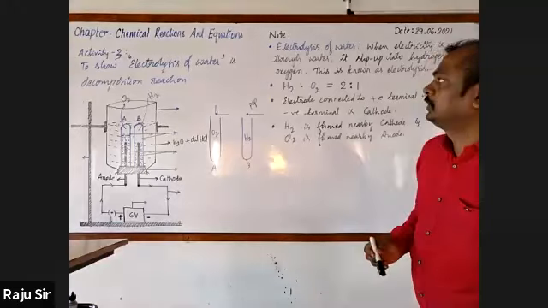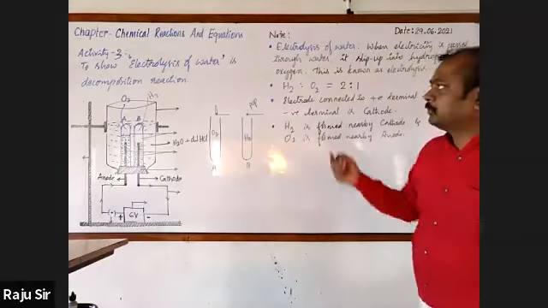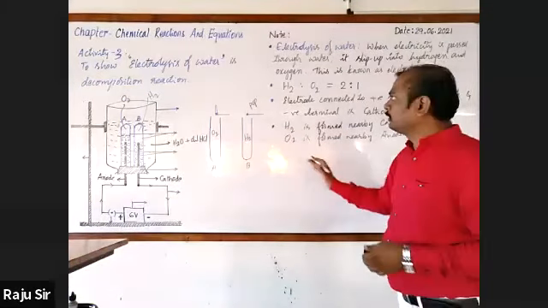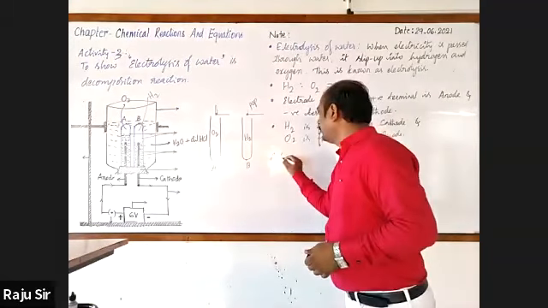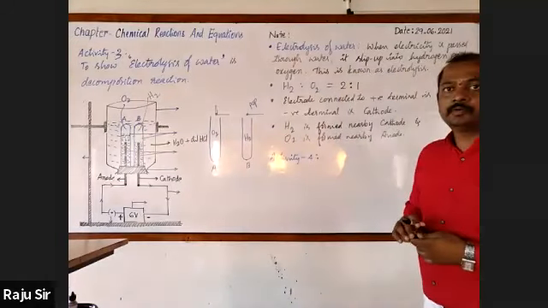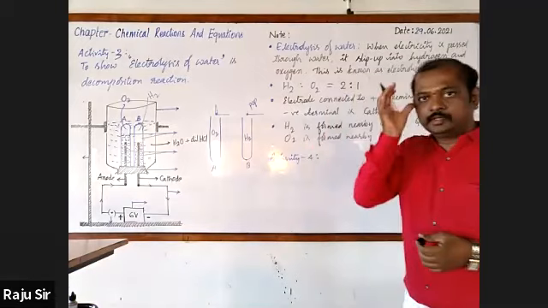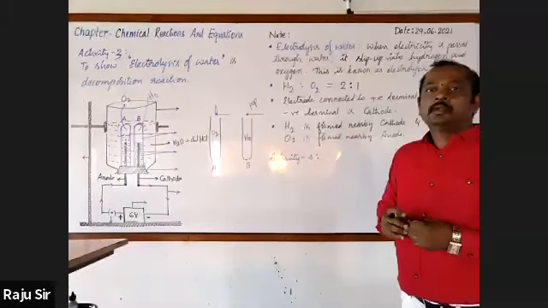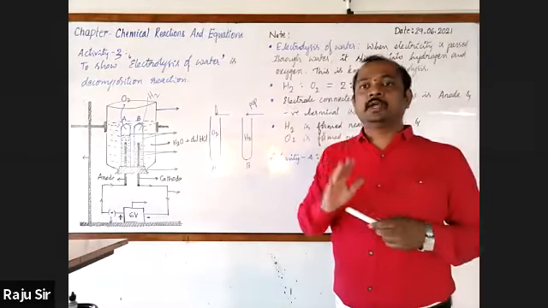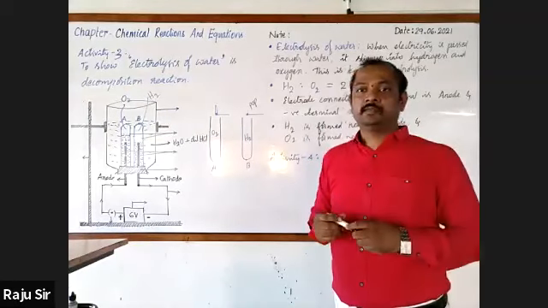Overall, yes, students, one more activity is there with respect to this. This is very simple. Here I'll only go for writing. Activity 4. I'll take a compound called silver chloride, which is white in color.